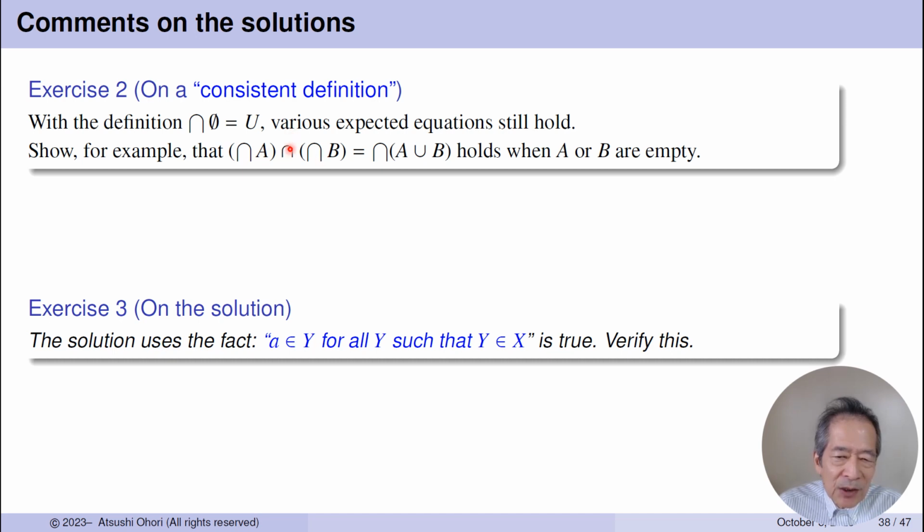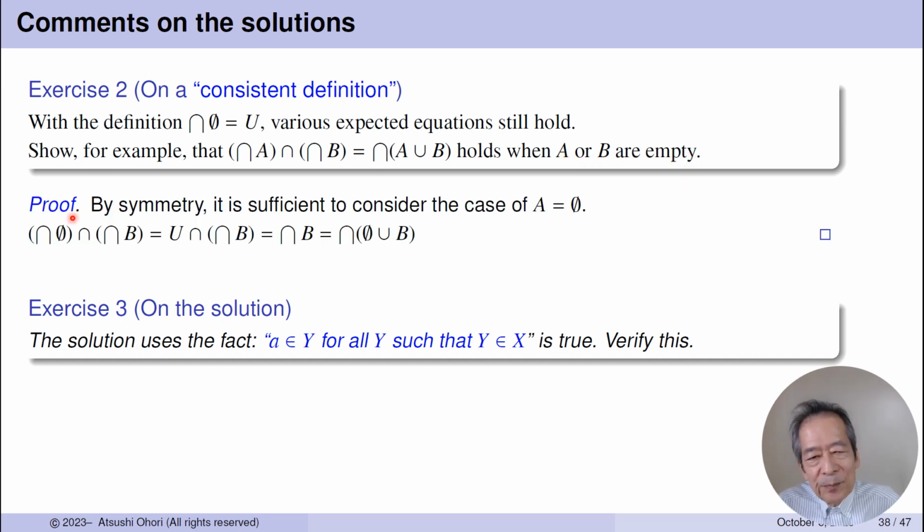So any element in this set is an element in both this and this one. And this is a big intersection. This is a big intersection. So this set is a set of such elements that belong to every element of A and also every element of B. That is the same meaning as this one. So this is the intuitive justification. You can calculate this in the non-empty case. So this small exercise asks you to show this for A or B empty.